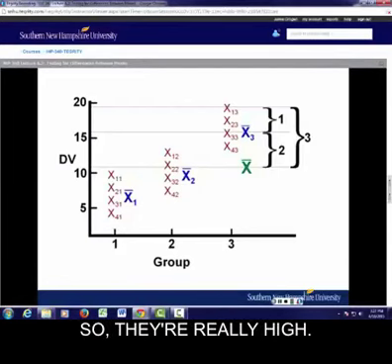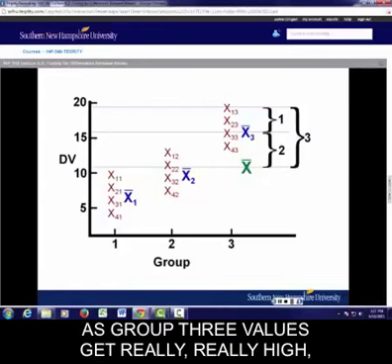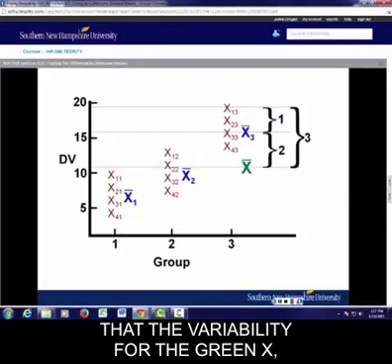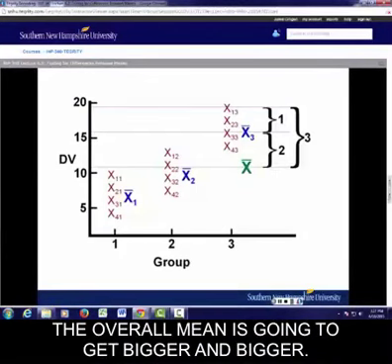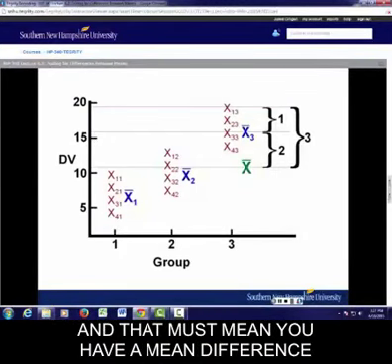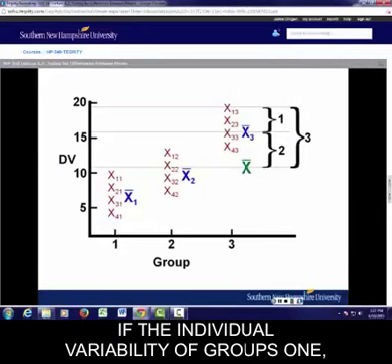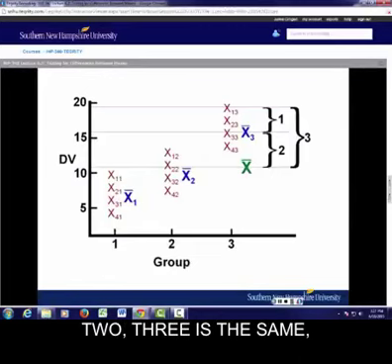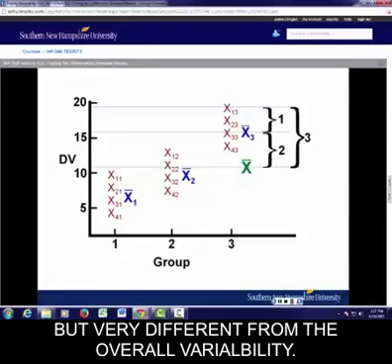As group 3 values get really, really high, the variability for the green X, the overall mean, is going to get bigger and bigger. And that must mean you have a mean difference if the individual variability of groups 1, 2, and 3 is the same, but very different from the overall variability.